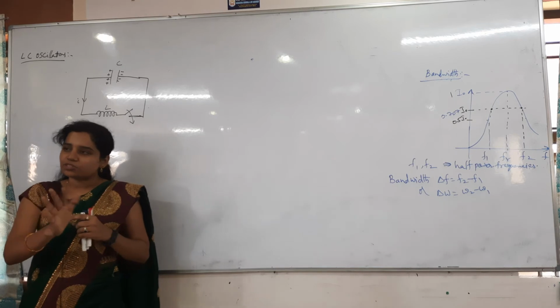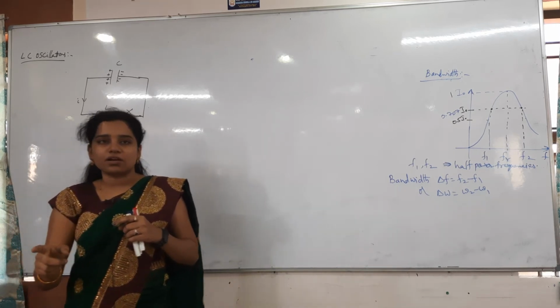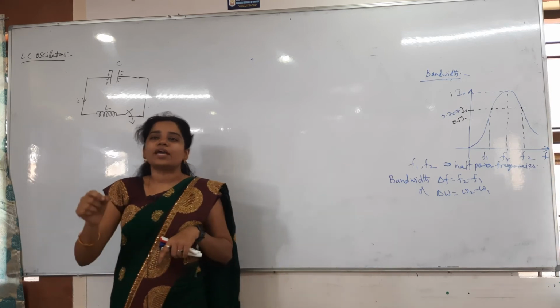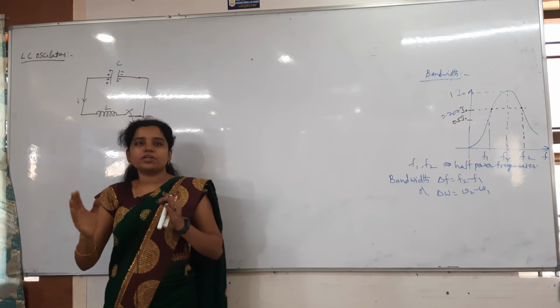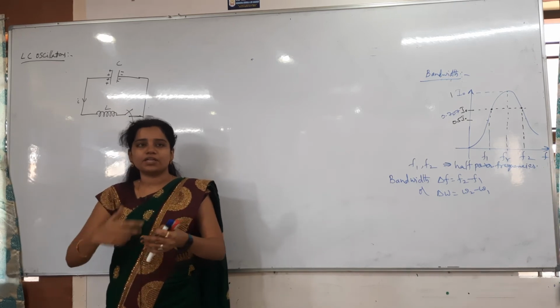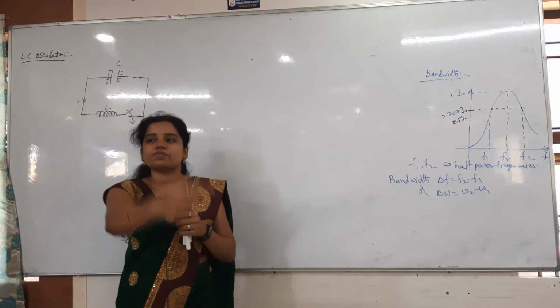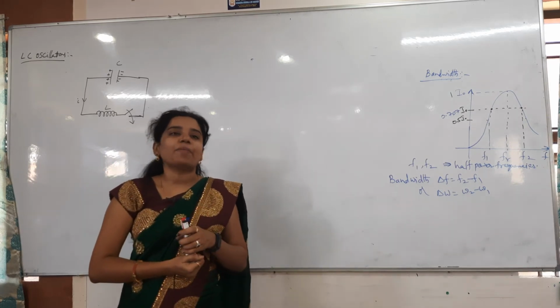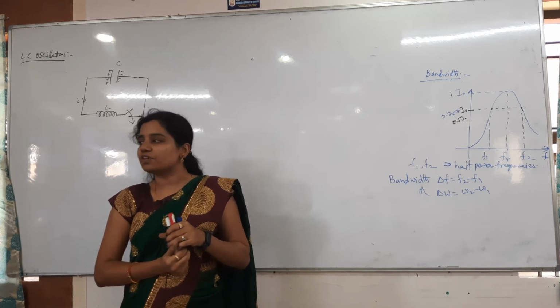That minus concept is not necessary. You just remember that whenever current flows in a coil, an EMF will be produced. That's enough. In any inductor coil, when current flows, due to the circular motion of the current, a magnetic field will be produced. Magnetic field means magnetic flux will be produced.